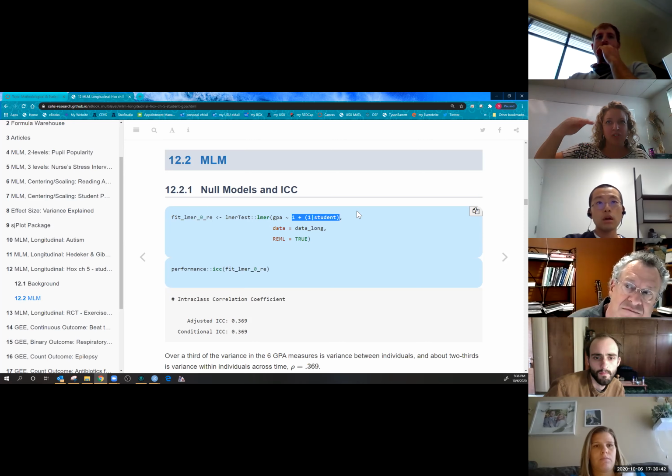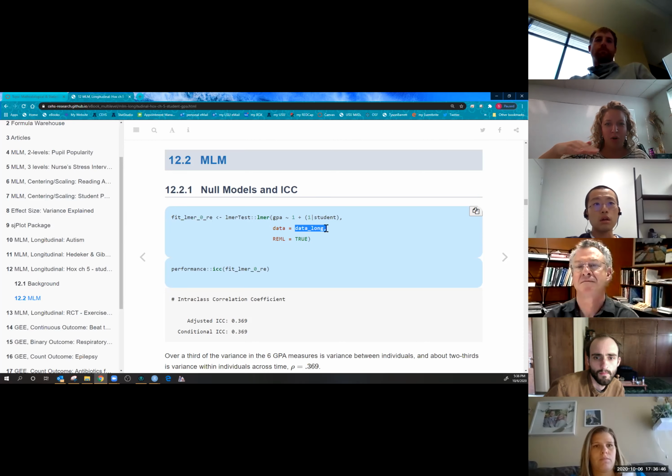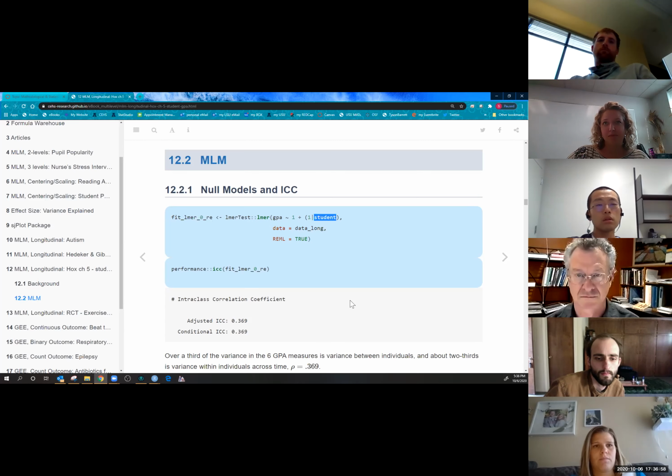We're using the long data set because we have one line per observation per semester, and the semesters are grouped together according to the student on whom they are measured. So I can do my ICC, boom.